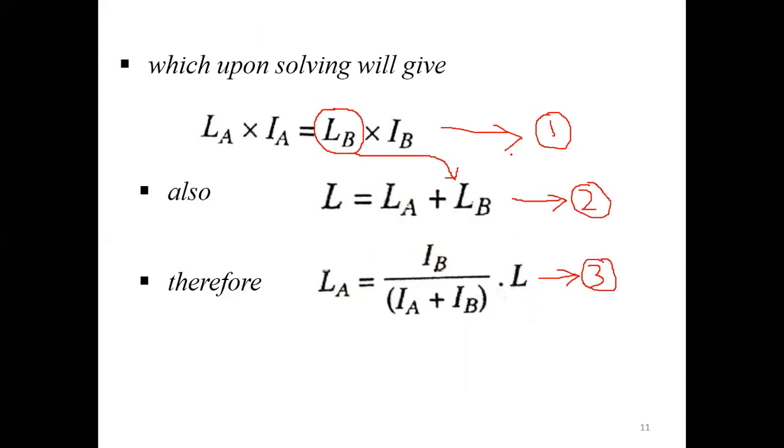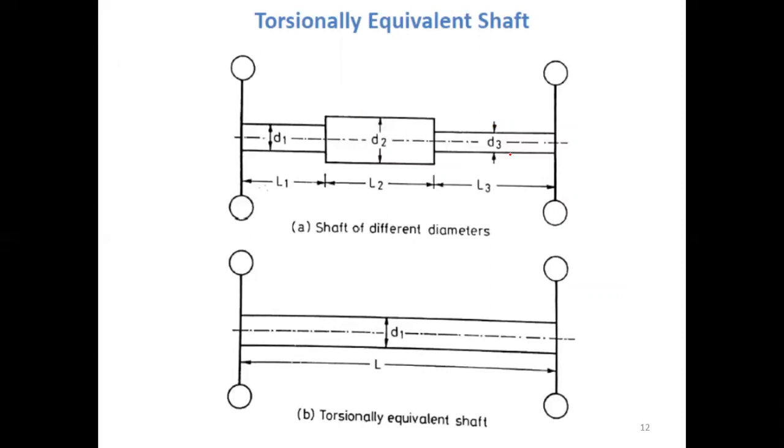Now coming to a small portion within the two rotor system, and it is about the shaft whose diameters are varying along the length. Here in diagram A, you can see that the diameter of the shaft is D1 along length L1, D2 along length L2, and D3 along length L3.